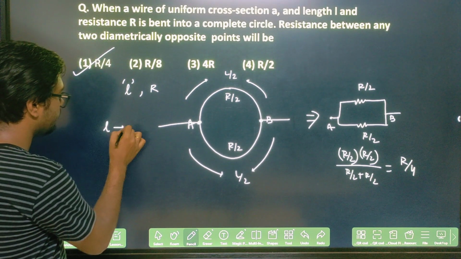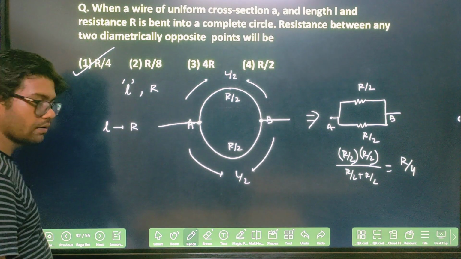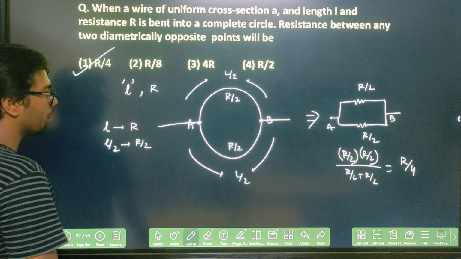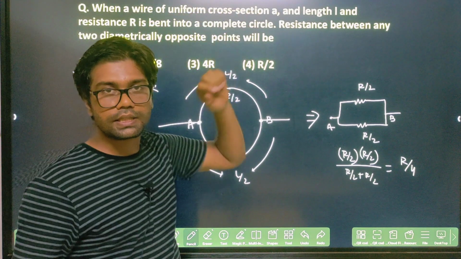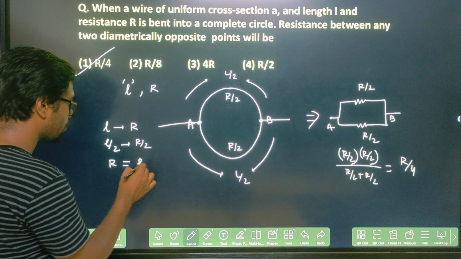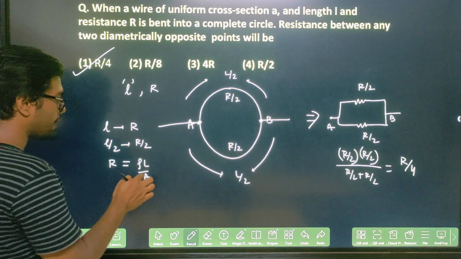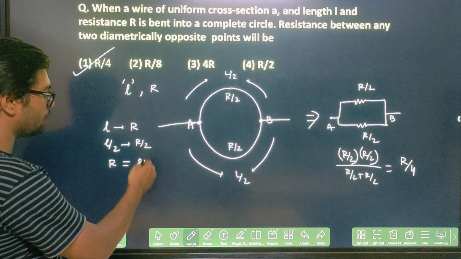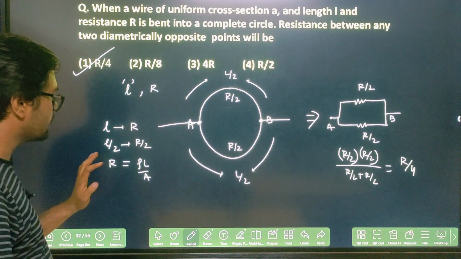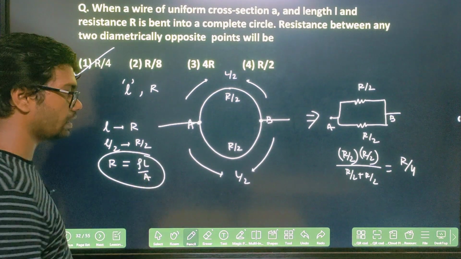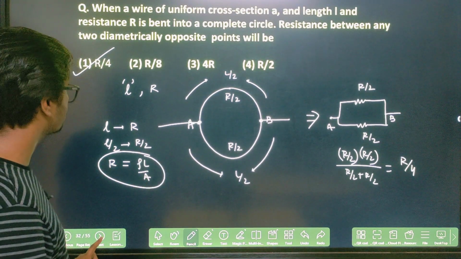For length L the resistance is R, and for L by 2 the resistance will be R by 2, because the cross sectional area is the same. I know the formula resistance equals rho L by A. Area is the same, resistivity is also the same, so if the length is half, the resistance goes to half. Clear?